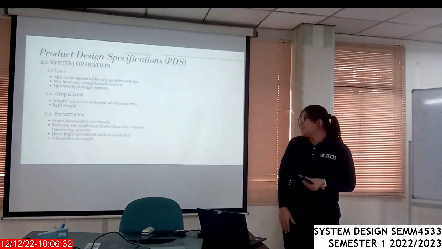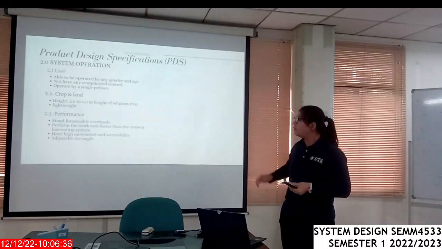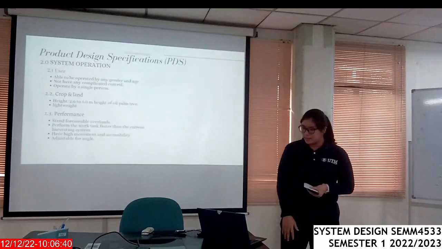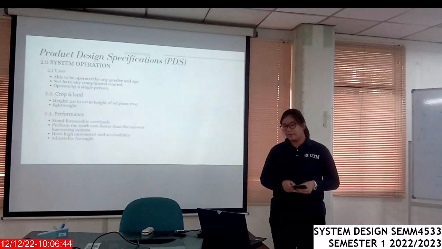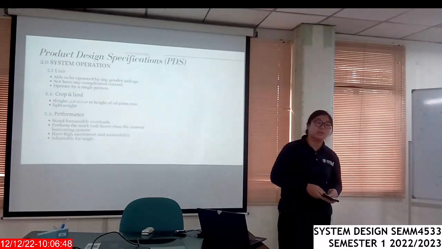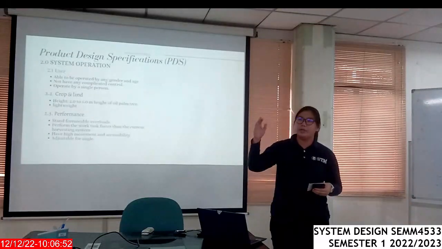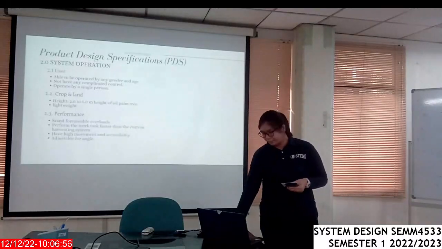About the performance, we believe that the machine should withstand considerable overload and perform the work tasks faster than the current harvesting system, with high mobility and accessibility, and an adjustable angle for the machine to reduce the cutting force required to cut a fruit.